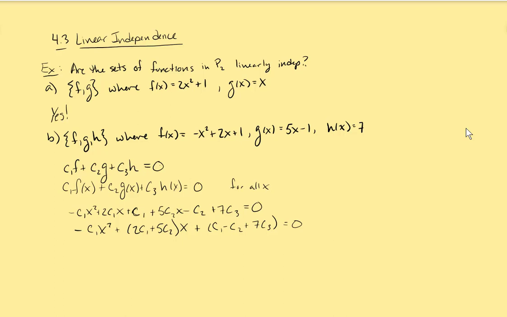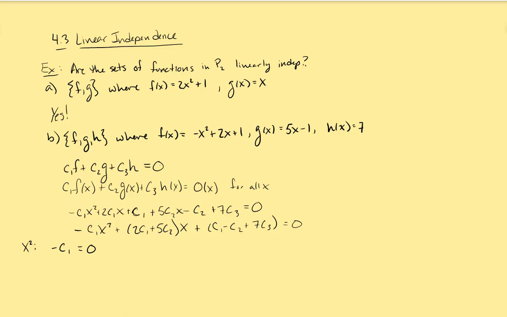Down here now, if we continue, all we're going to do to solve this system for the c values is to equate the coefficients of like powers of x here with the same coefficients of the same powers over here. So for example, when we look at x squared, we get the coefficients of x squared on the left are negative c1, on the right it's 0.